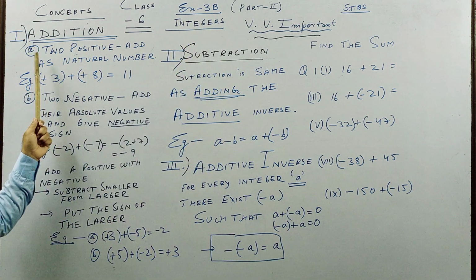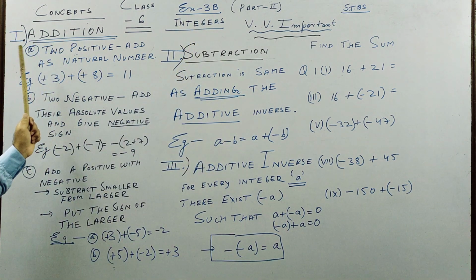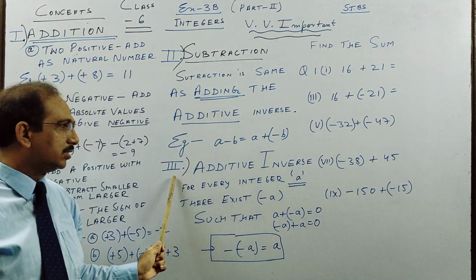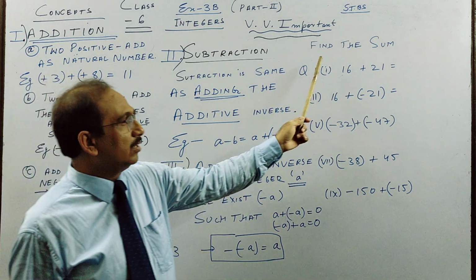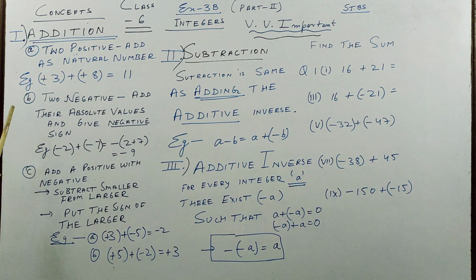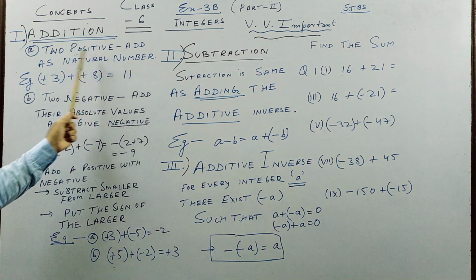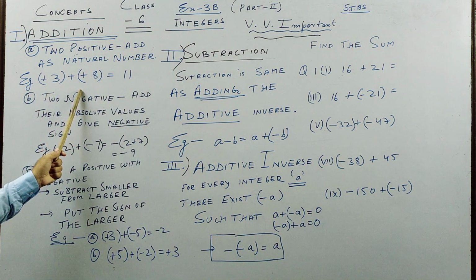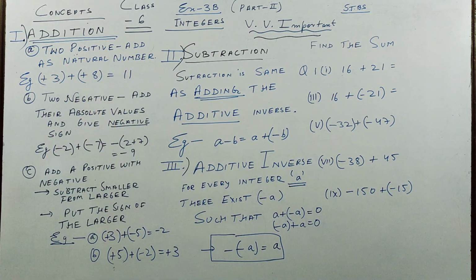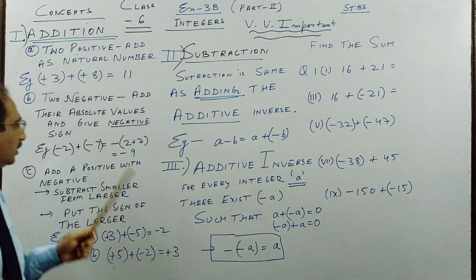First the concept, part 1, Roman 2 and 3, this is called additive inverse, then question 1 and a few other questions I'll take. So the first thing is, when you add two positive integers, it's like adding natural numbers, 3 plus 8 is 11, which you have done from your junior classes.